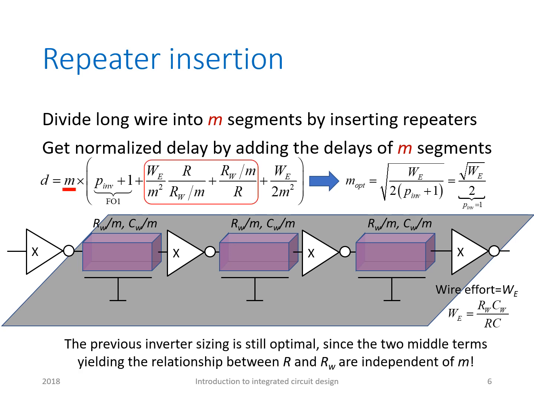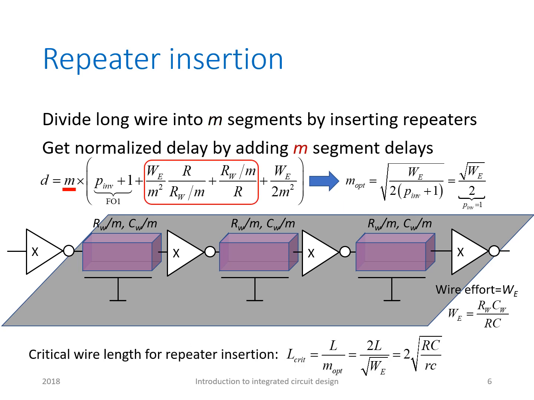The previous inverter sizing is still optimal since the two middle terms highlighted here are multiplied with M, yielding the relationship between the optimal driver resistance and the wire resistance, which is independent of M. We can also derive an expression for the critical wire length for repeater insertion, the L crit.